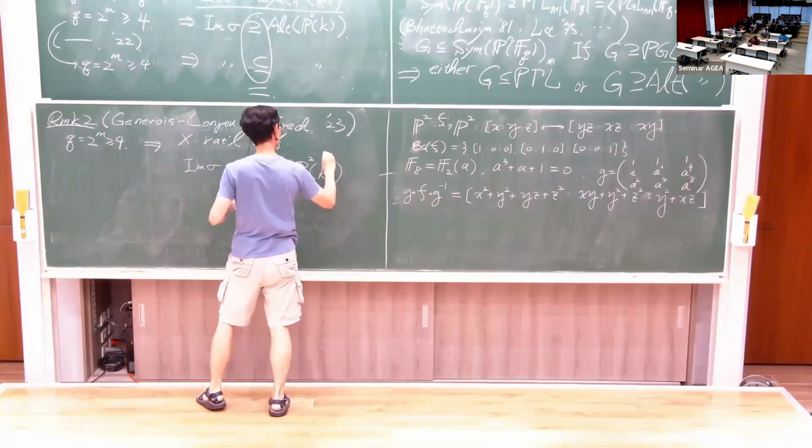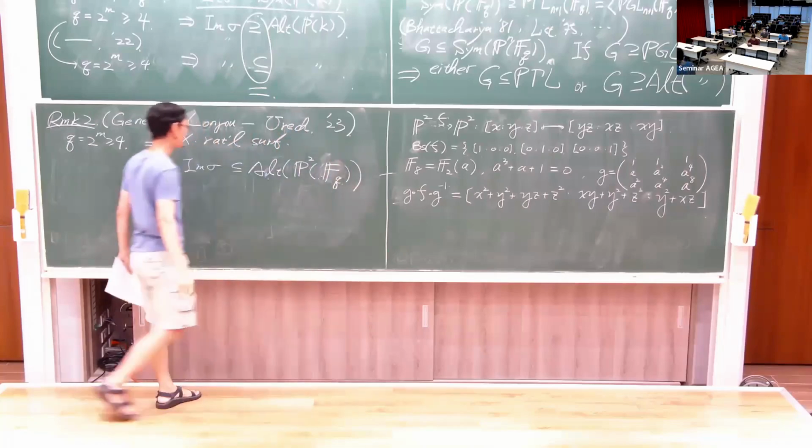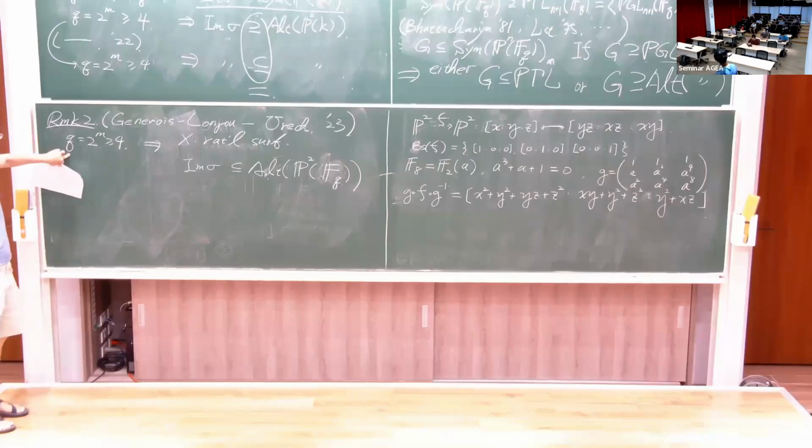K is Fq. Let me just write it down. On a rational surface over Fq, with q being 2 to some power greater than or equal to 4, by using bijective birational automorphisms you can only recover even permutations.